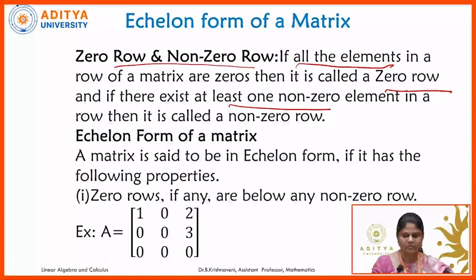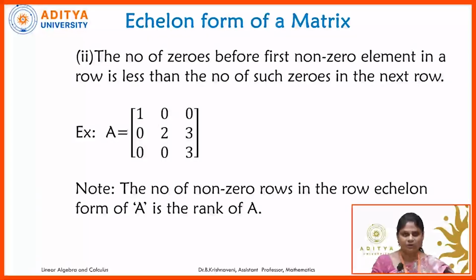If you find any zero row in the matrix, it must be below the non-zero rows. That is the first condition. The second condition: the number of zeros before the first non-zero element in a row is less than the number of zeros in the next row. You can see the example and understand the second property.